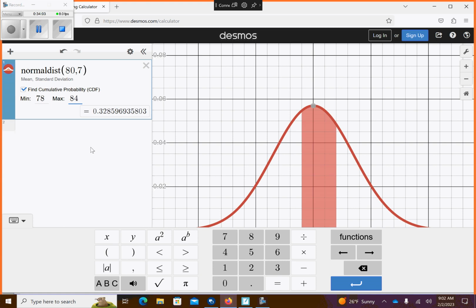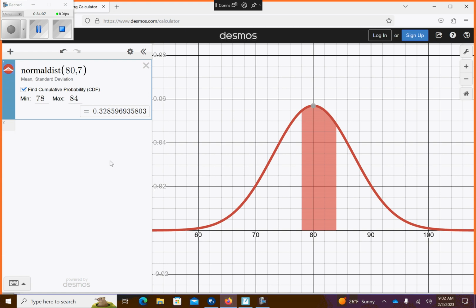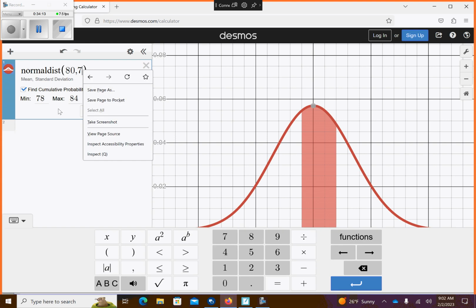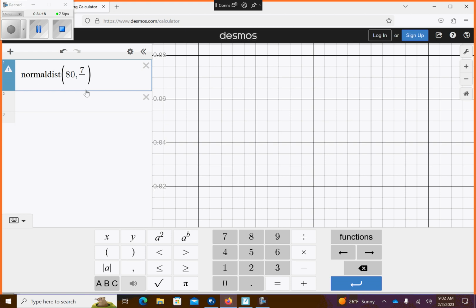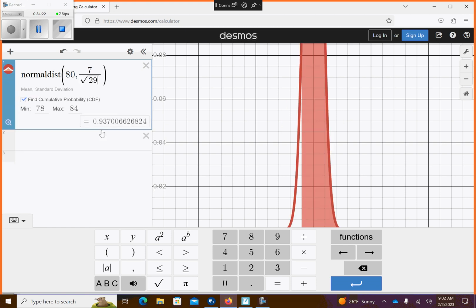The chance that someone earns between a 78 and 84 in this class as an individual, based on the population, is a 32%. If I were to change my 7 to the square root of 29, because there's 29 people enrolled in this class.